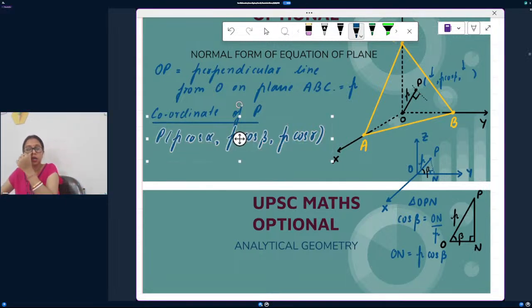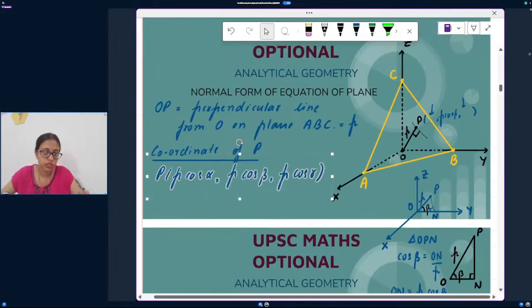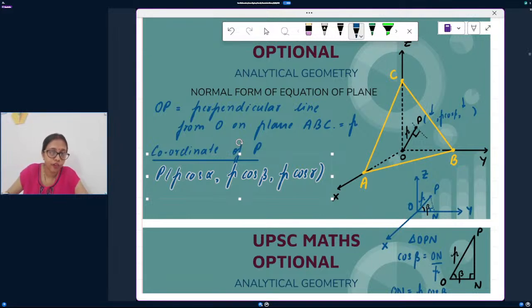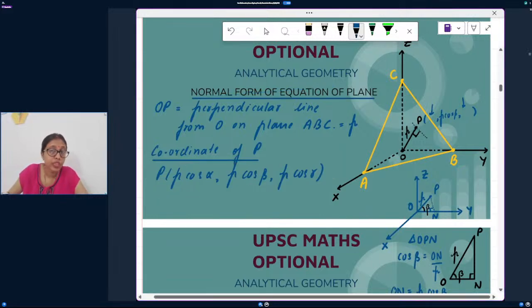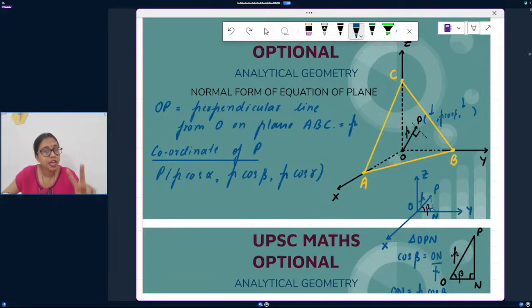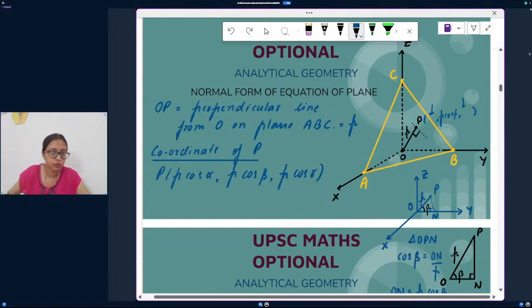Okay. Now what we are trying to do, please try to understand here. Normal form of equation of plane actually finds equation of plane given two information about the plane. Number one, it provides you with that perpendicular length from origin to the plane. And number two, it provides you the direction angles, alpha, beta, gamma of that line OP. Okay.